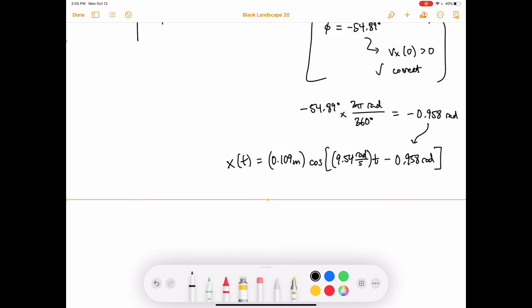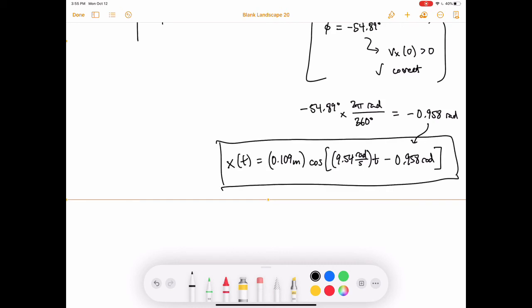So we converted to radians, by the way, just so we have consistent units of radians inside of that cosine function. And so that is the solution. Same as what we got before. Okay, this time using a slightly different method.